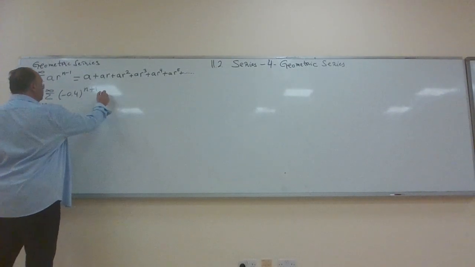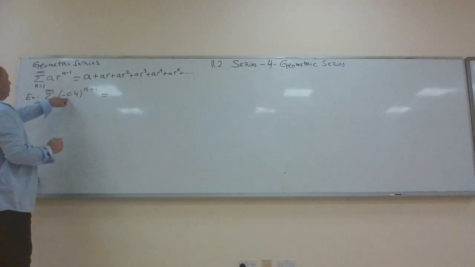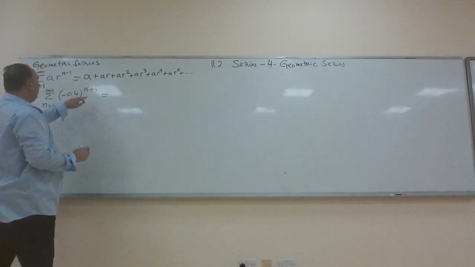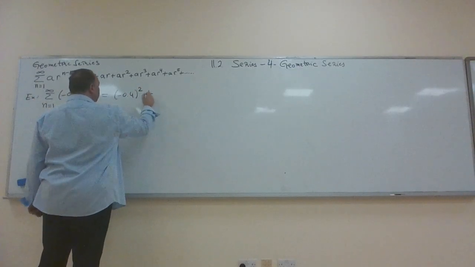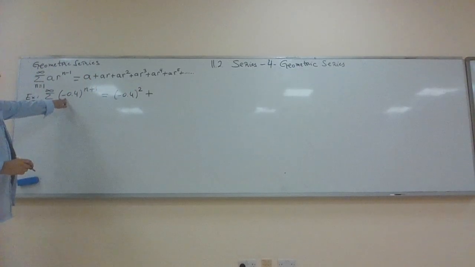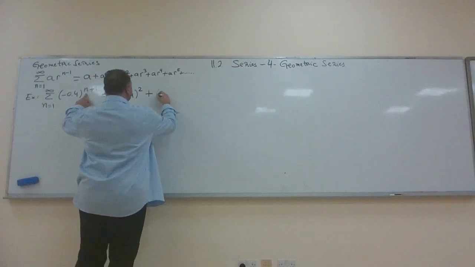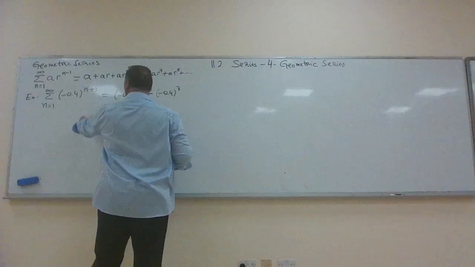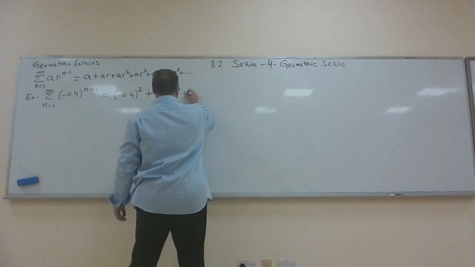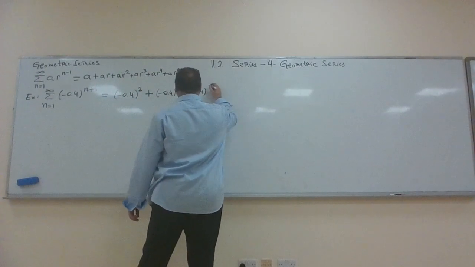So what does this mean? I have minus 0.4 to power 2, plus minus 0.4 to power 3, right? Then the next guy is minus 0.4 to power 4.